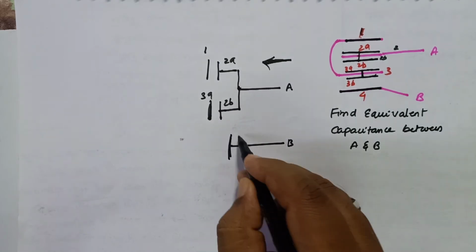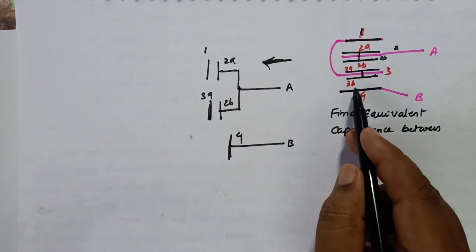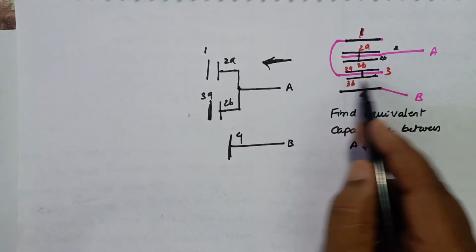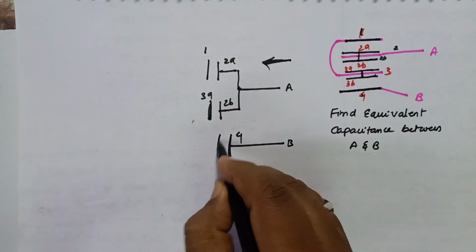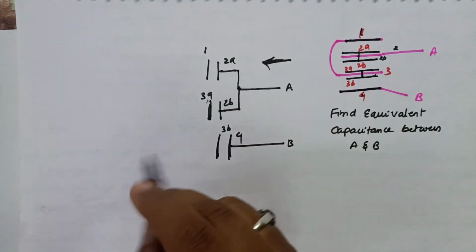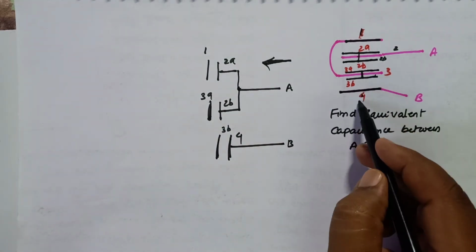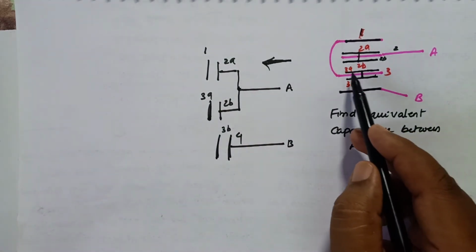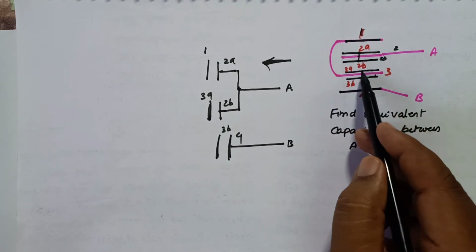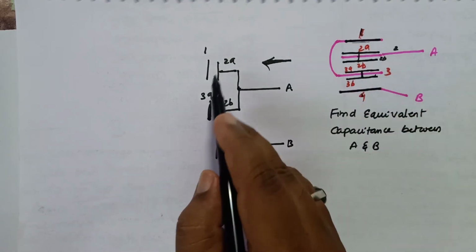So I am drawing the fourth capacitor here now, and this is forming a pair with 3B. So I am drawing here 3B. So 3B and 4 is forming one pair, 2B and 3A is forming one pair, and 1 and 2A is forming one pair.